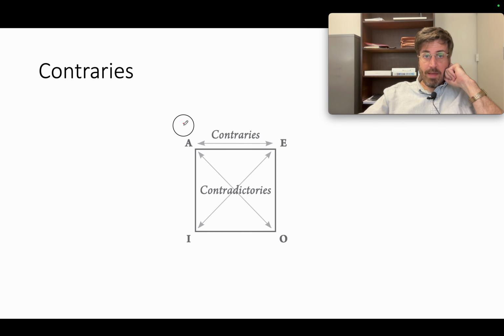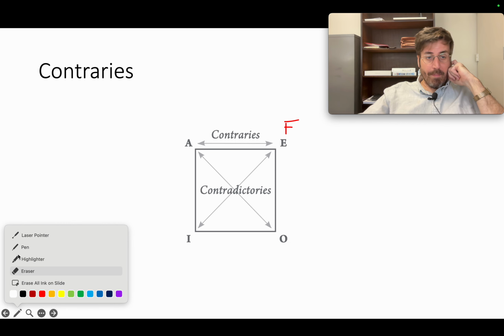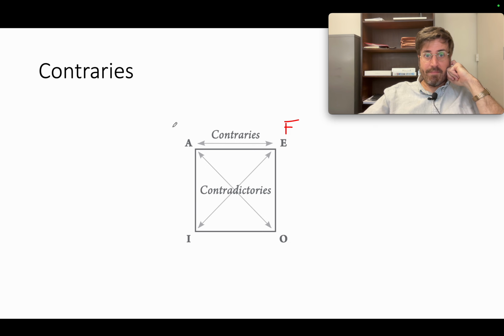We know that if we begin with a true contrary, a true A proposition, for example, the E has to be false. However, if we begin with a false E, we do not know whether or not the corresponding contrary is true or false. So the contrary is said to be undetermined. We just don't have enough information on the basis of the relation to make that inference.